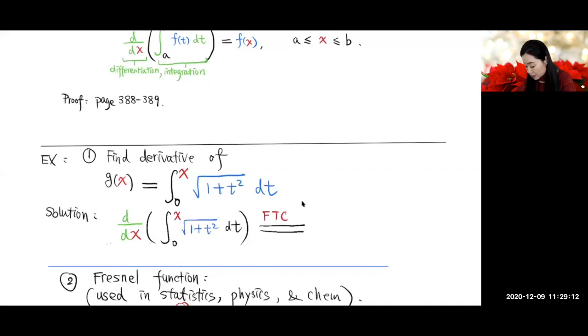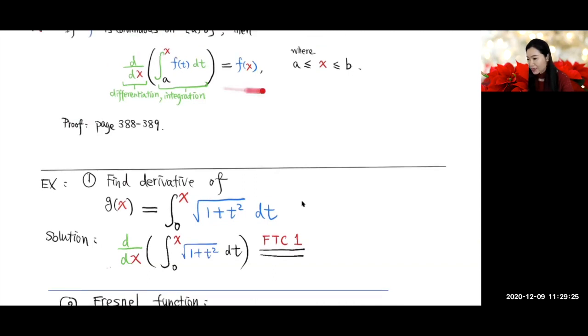When I say part 1, that means there's a part 2 coming. So according to part one, when I integrate this continuous function from a constant to x, and later differentiate that with respect to x, what do I end up with over here?